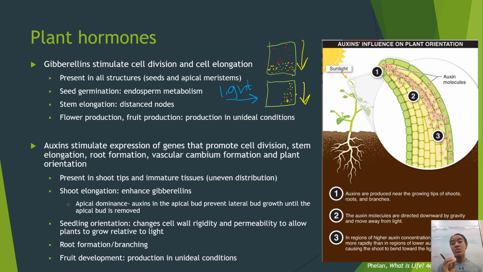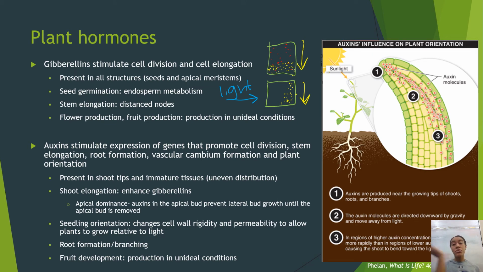And the auxins also play a role in those axillary buds. The axillary buds are basically dormant until the apical meristem is removed. The reason for this is because of auxins. The auxin concentration in the meristems is really, really high, and it exerts an inhibitory effect on the axillary buds. So as long as the apical meristem is present, the auxins in the apical meristem will keep the axillary buds dormant.